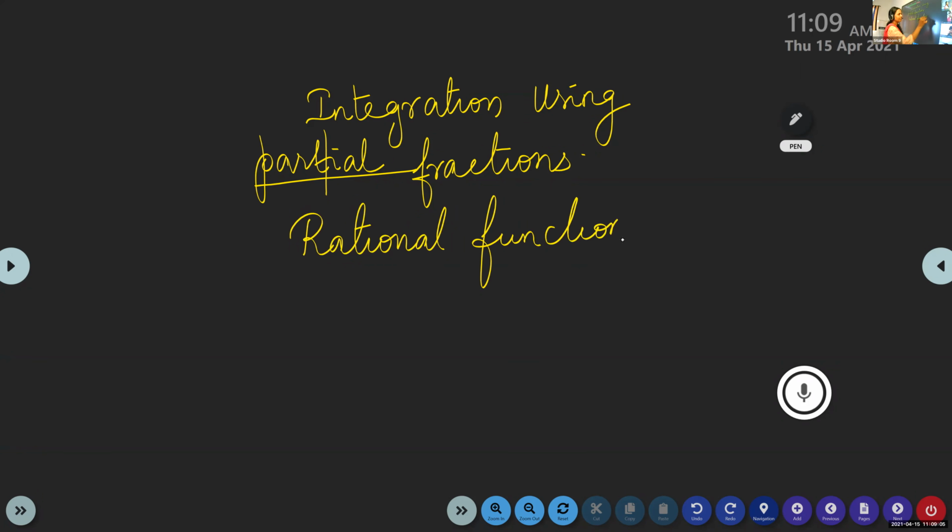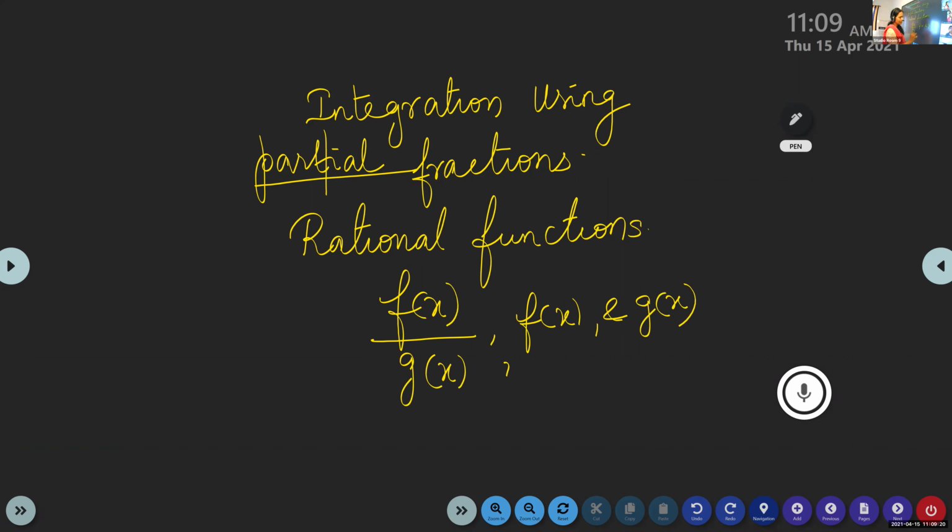Last year we have learned this type of function. Rational function means any function in the form f of x by g of x, where f of x and g of x are polynomials with g of x not equal to 0.